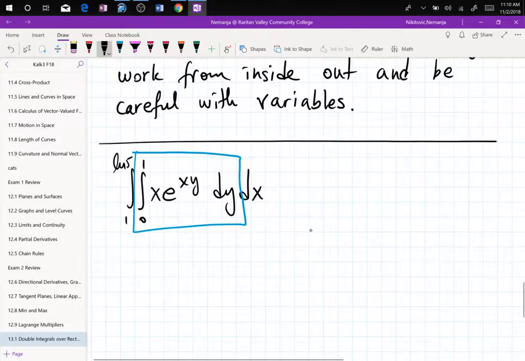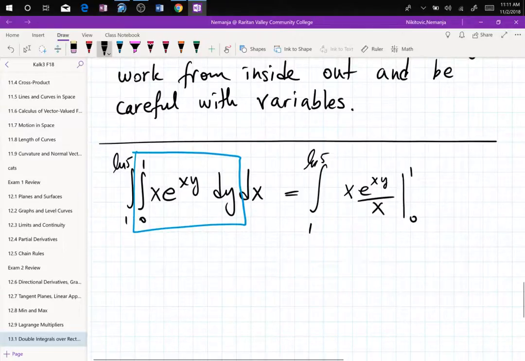So now what do I do? I go and I compute the inner integral. So copy the 1 to ln 5 on the outside, and the inside x is a constant, so I copy x. The integral of e to the xy is e to the xy over x, computed from 0 to 1, and I still have dx.